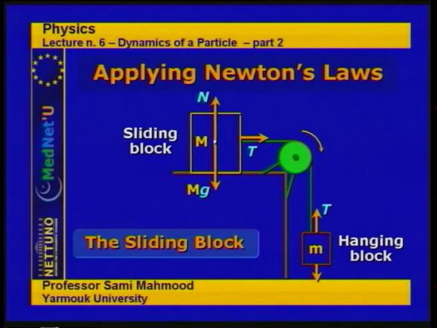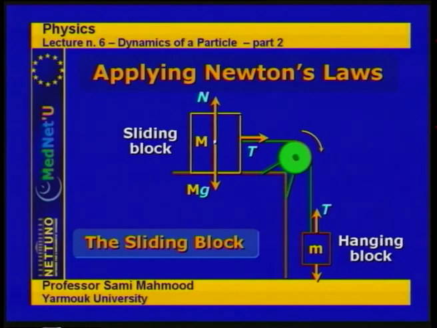A second force acting on the sliding block is the normal force. The sliding block is resting on the flat table, and it is affecting the flat table with some sort of a pressure due to its weight, and thus the table is acting on the object by a normal force N upward.